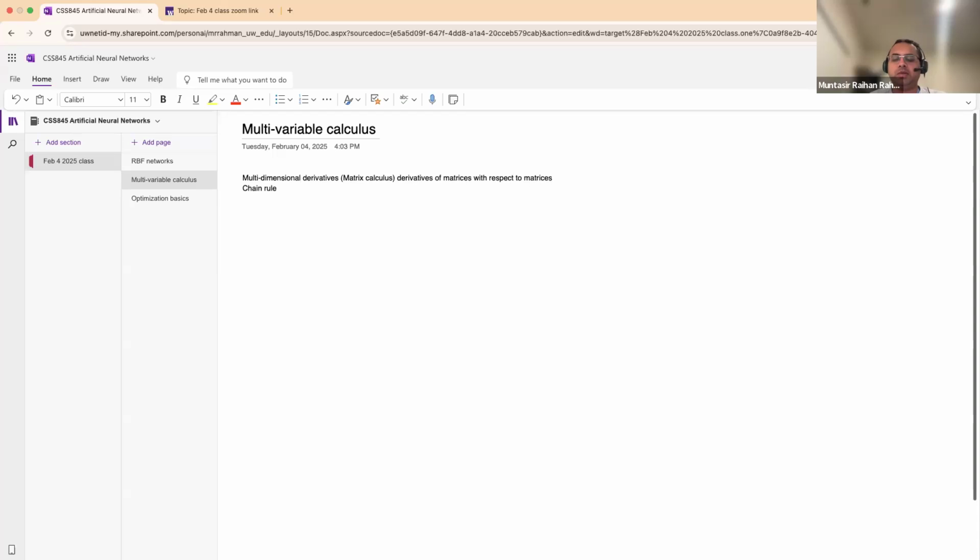That's the most general thing we're going to do. And I can say matrices because vectors and scalars are special cases of matrices, right?